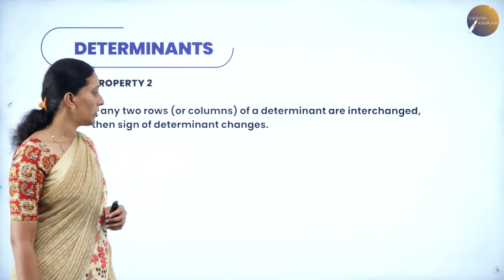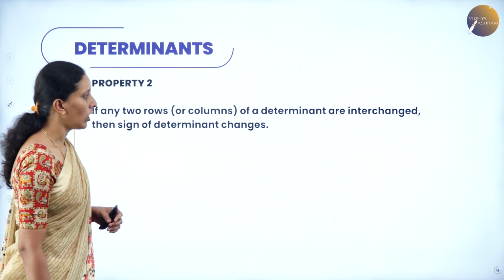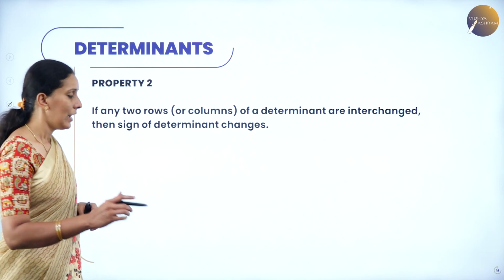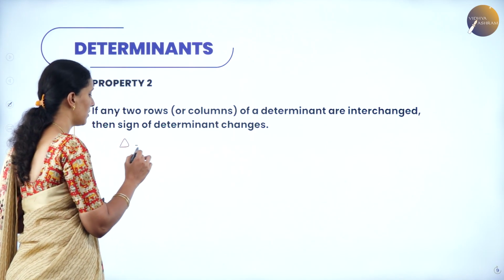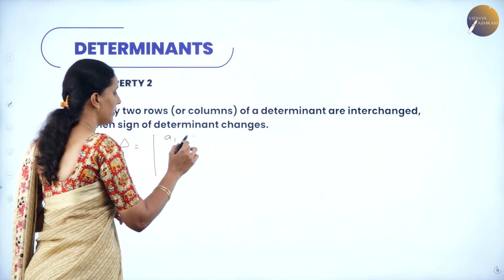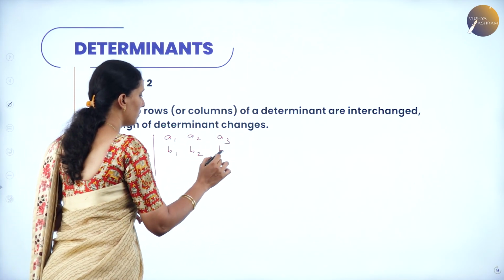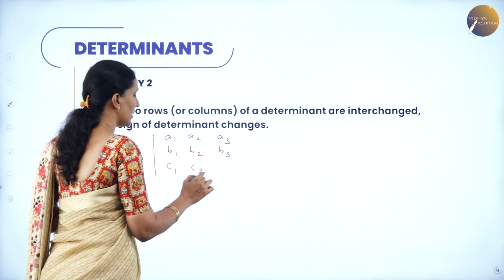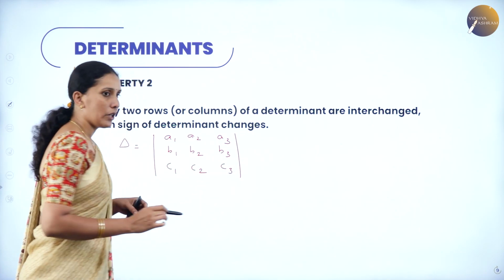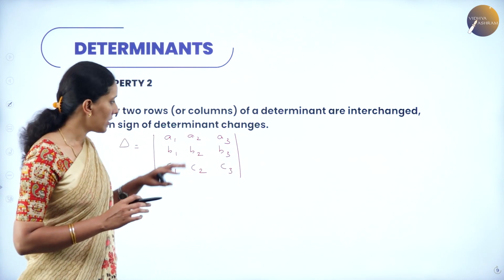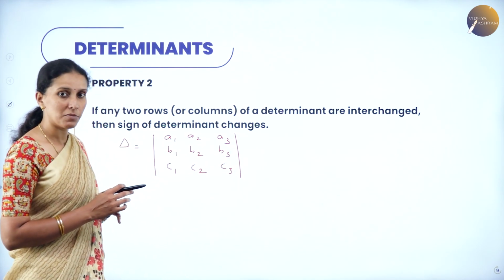Next is property number 2. If any two rows or columns of a determinant are interchanged, then the sign of the determinant changes. Let me consider delta: A1, A2, A3, B1, B2, B3, C1, C2, C3. We know that we can perform elementary operations in a square matrix. That is why we can also perform the same in terms of determinant.